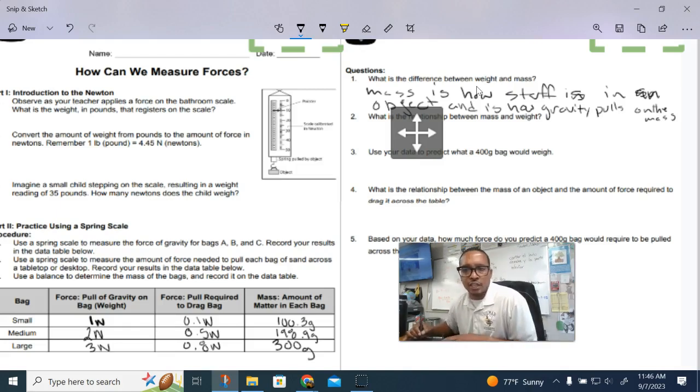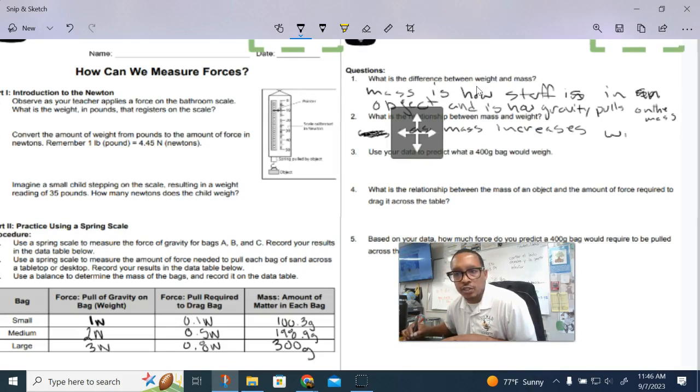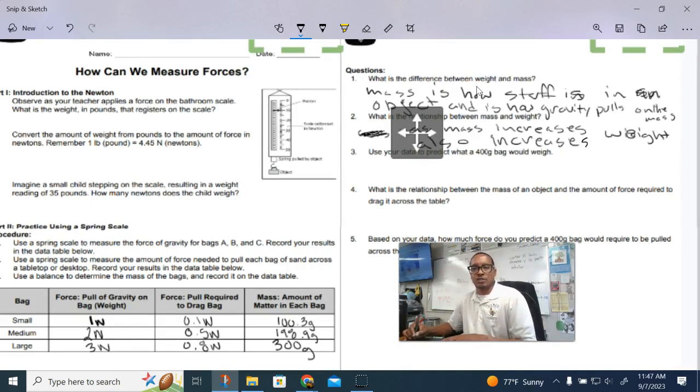It looks like as mass increases, right, increases or goes up, then it seems like weight also increases. By the way, your handwriting better be better than mine. I'm writing on some sort of crazy pad and a digital like thing. Also increases. All right, cool.